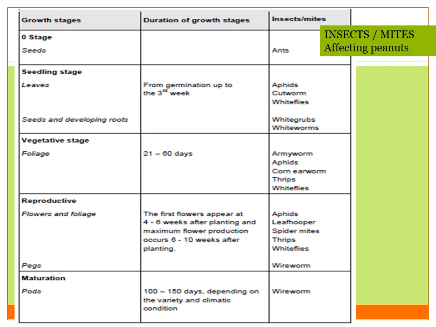And also during maturation of the pods of the peanut, which is around 100 to 150 days depending on the variety and climatic condition, the wireworm and sometimes also termites can attack the peanut pods.